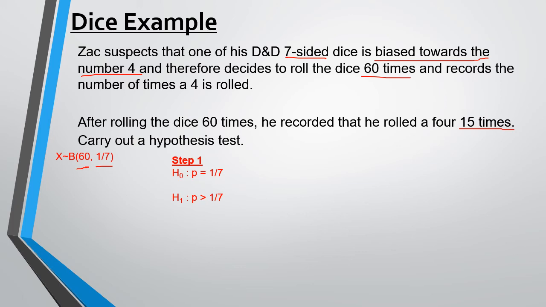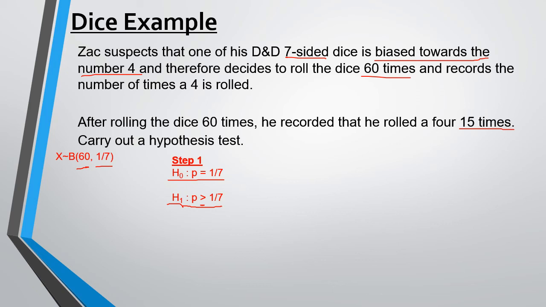We're assuming it's a fair dice, so a fair dice would have a probability of getting a 4 as 1/7. Your alternative, H1, is what Zach believes. He believes it's biased towards a 4, and therefore the probability would be greater than 1/7, which makes it one-tailed.